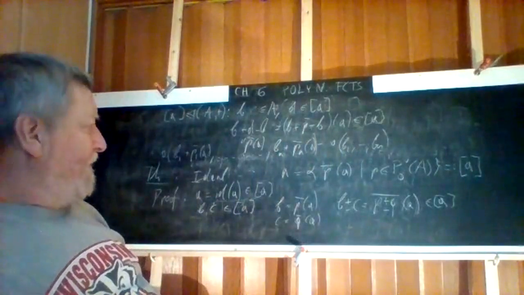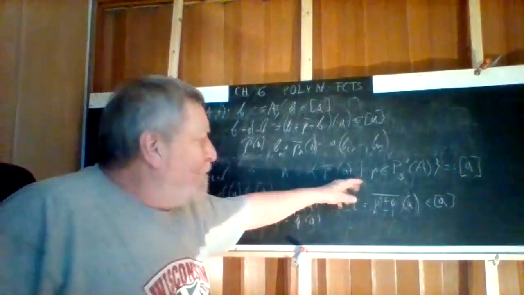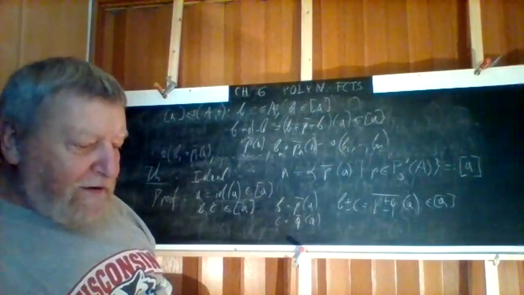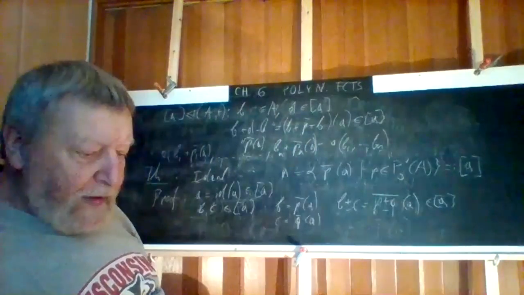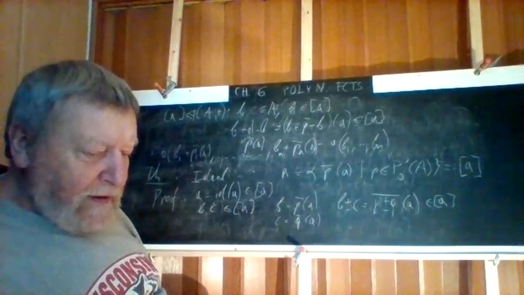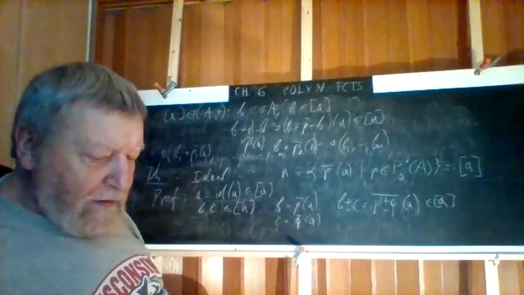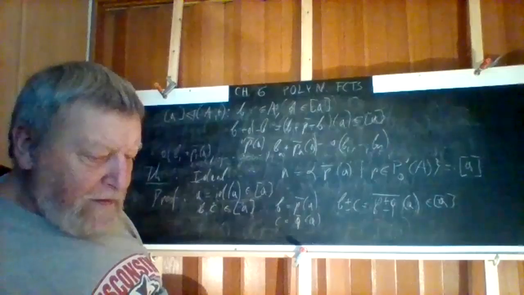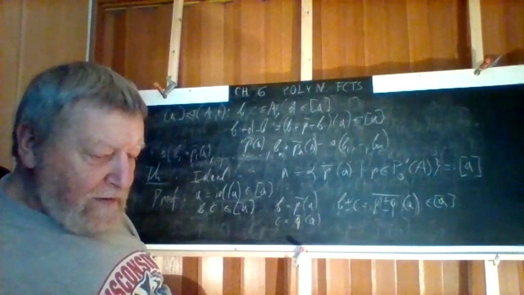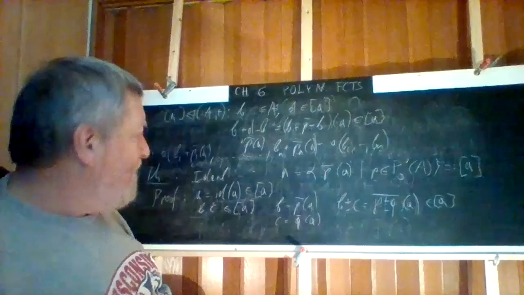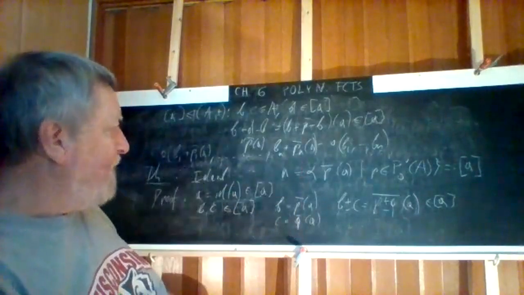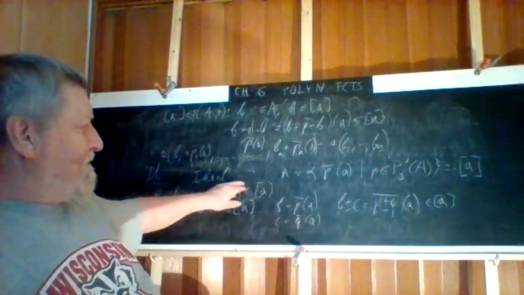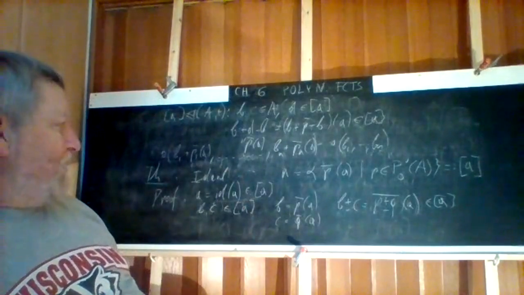It contains A, and it must contain all elements in the ideal generated by A, and hence it must be the smallest ideal containing A, which is the same as the principal ideal generated by A.